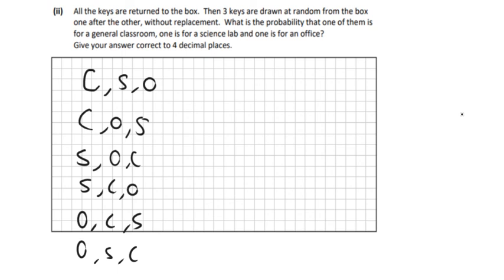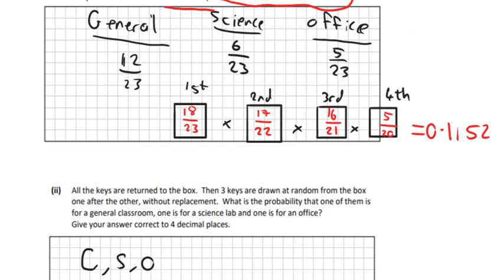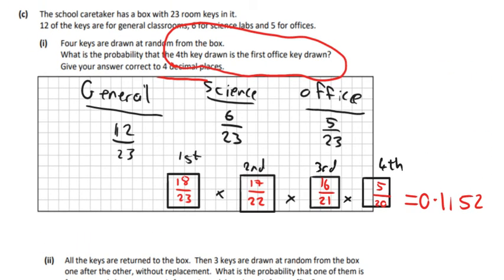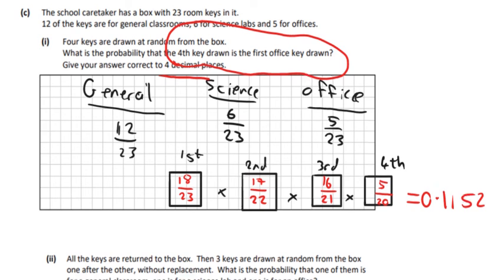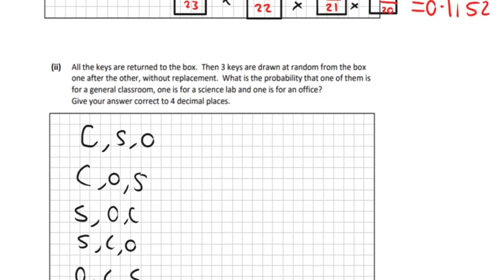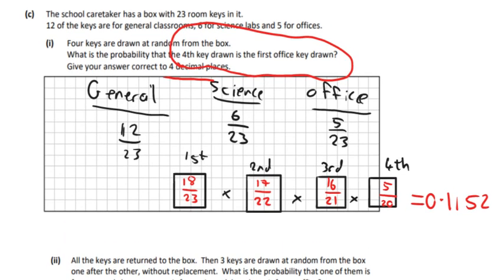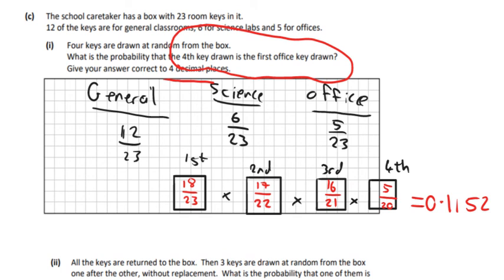So for the first one, the probability that you get a classroom key first: 12 of the keys are for general classroom, so that would be 12 out of 23 times by science lab. There are 6 for a science lab.